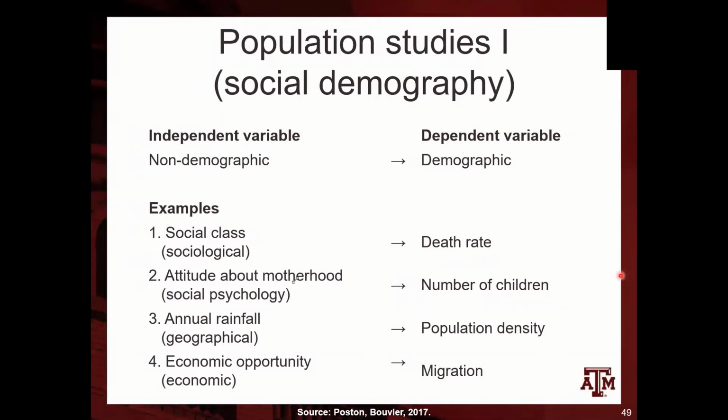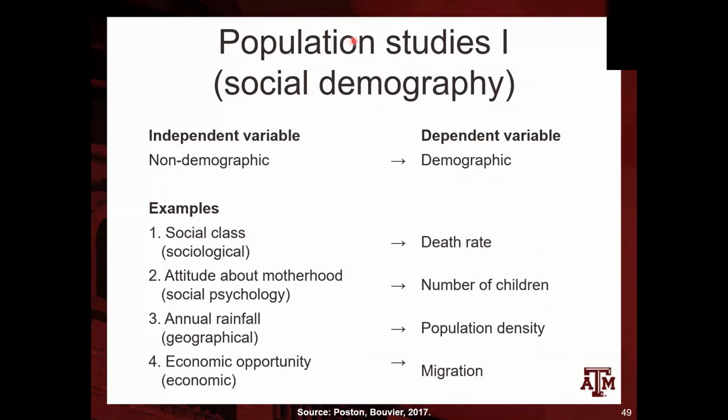And then the second group of demographic studies that I talked about before is when we are trying to understand associations between non-demographic variables and demographic variables. And these studies in general, we call social demography because we are trying to understand the associations of changes in fertility, changes in mortality, and changes in migration with other variables from other sciences within social science.